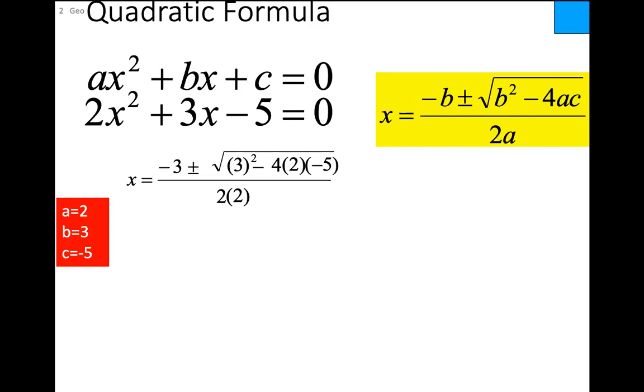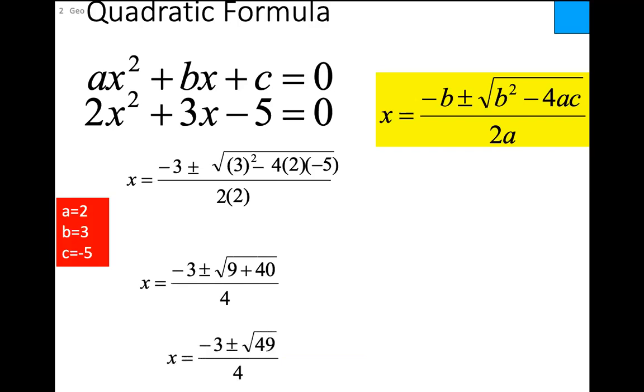And then 8 times negative 5 is 40. Positive 40 because of the negative. Yeah. You got to be careful with those negatives. Then you do 9 plus 40, which is 49. And then you do the square root of 49, which is 7.